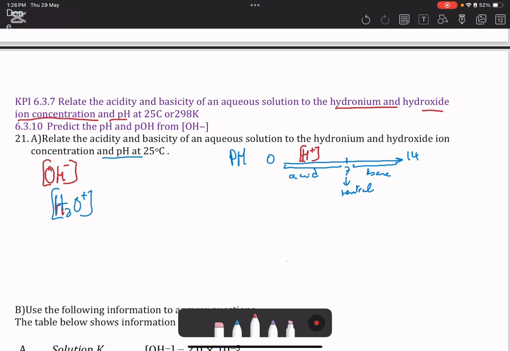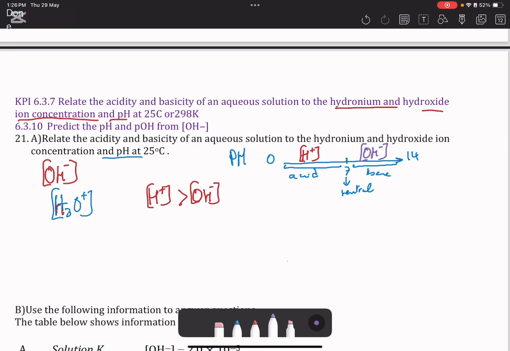So they are more than the concentration of hydroxide ions. Now, if I have a solution with a pH larger than 7, then this solution is basic, and the dominating ion in this solution is the OH minus.